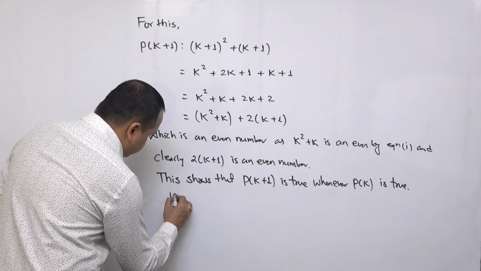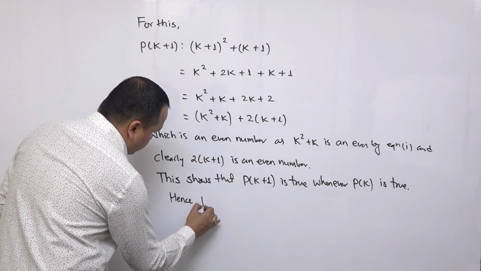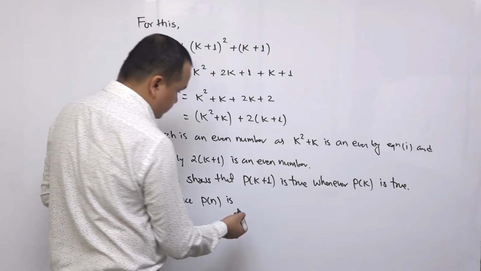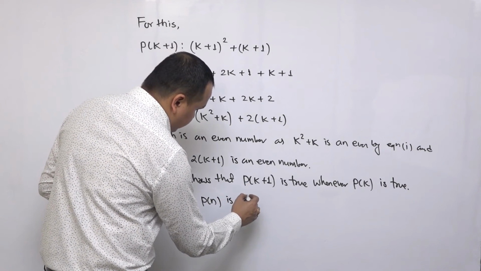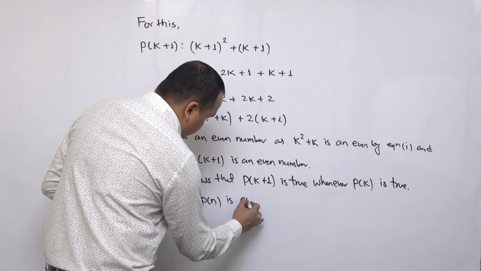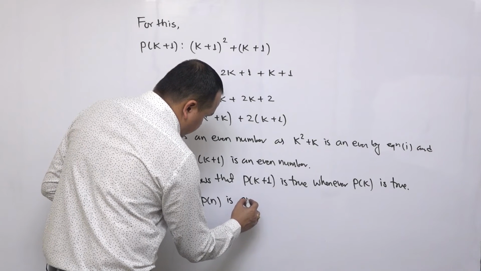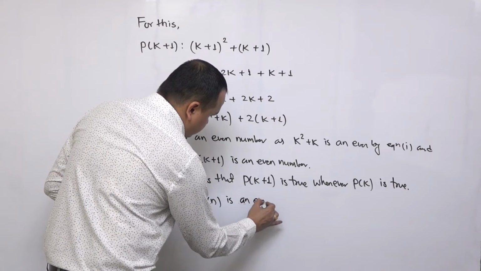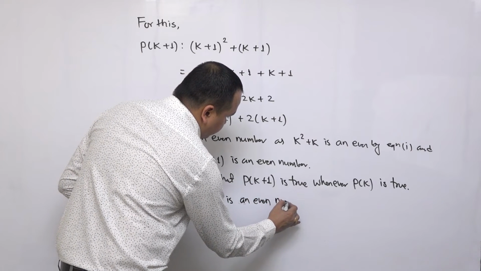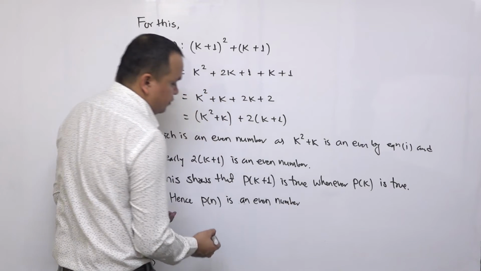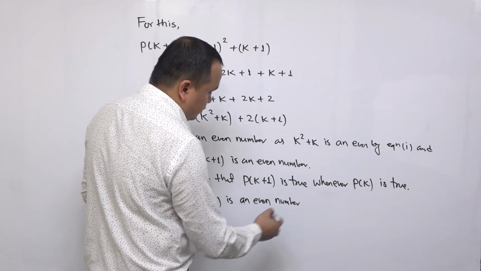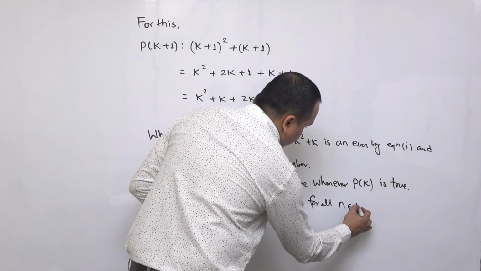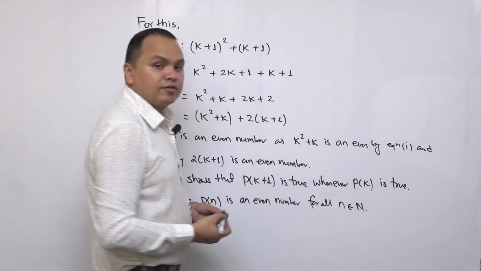Hence, Pn is an even number for all n belongs to natural numbers.